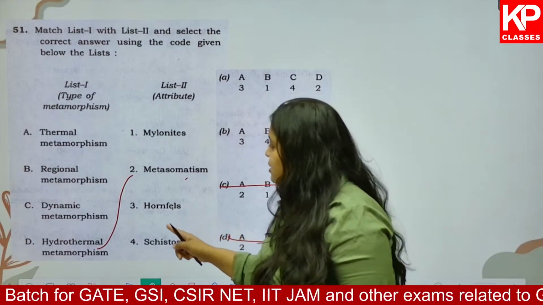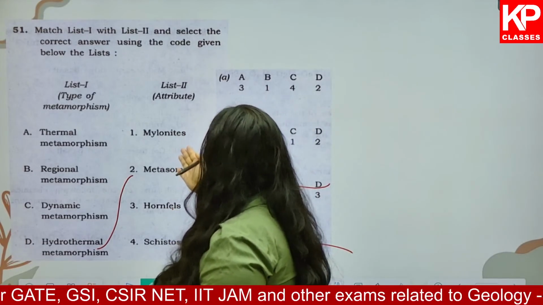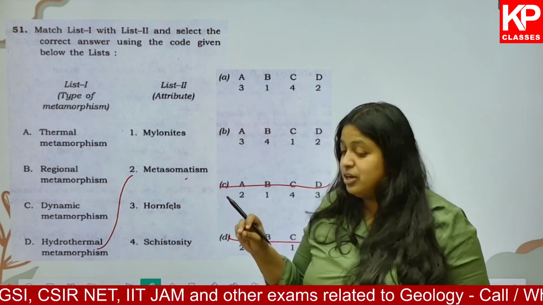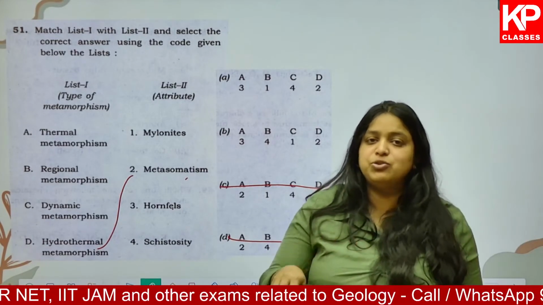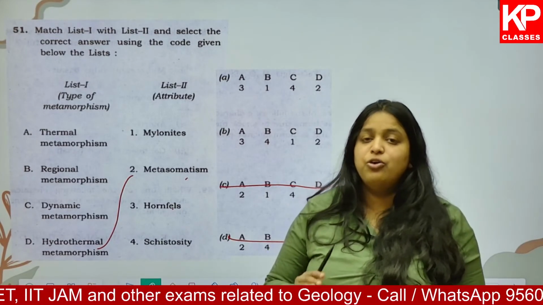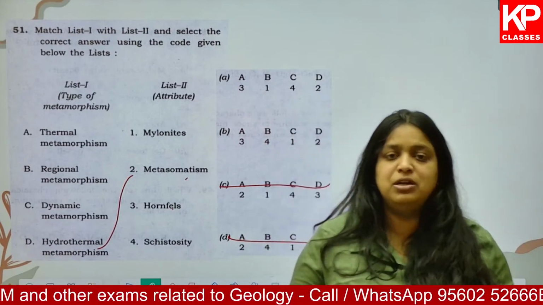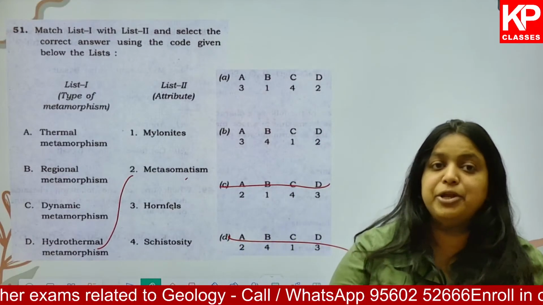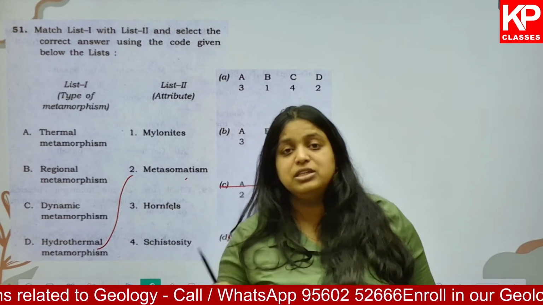Now moving on to the other term, take mylonites. The term mylonites is also very important when we discuss the fault zone metamorphic condition, or wherever there is a pressure related or dynamic metamorphic condition where the metamorphism depends upon pressure rather than temperature.